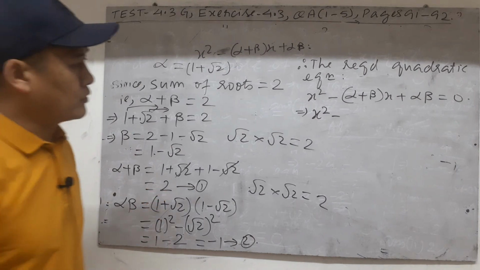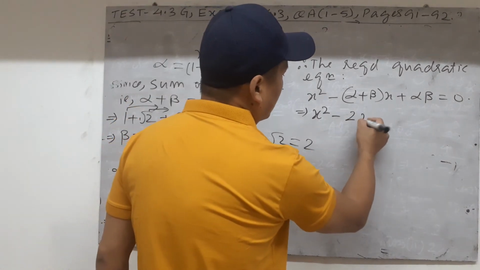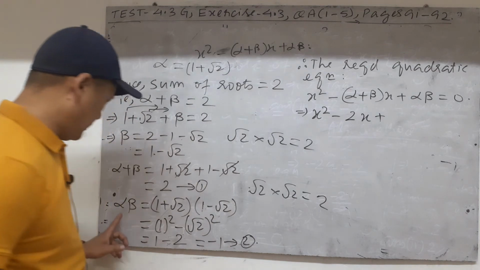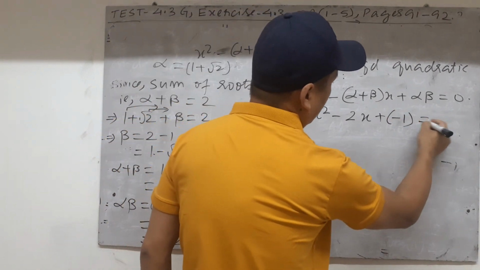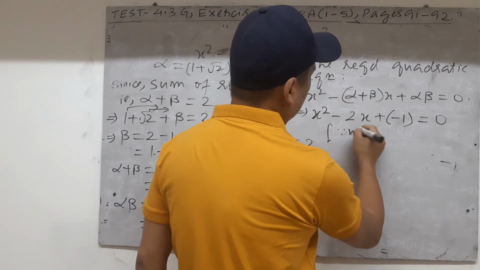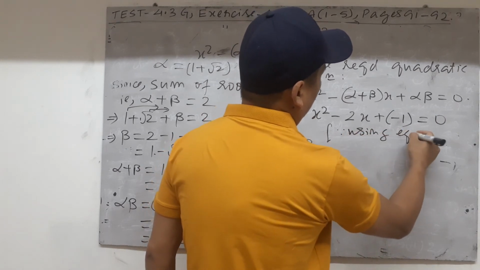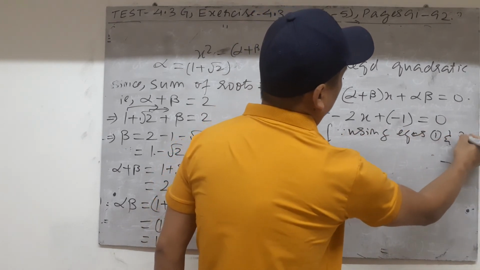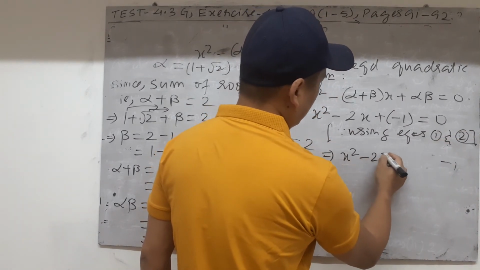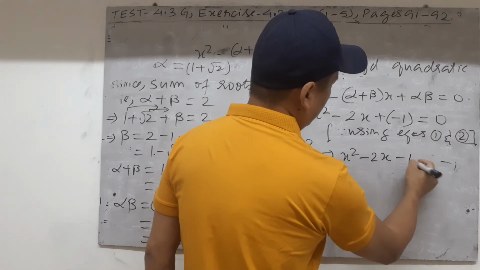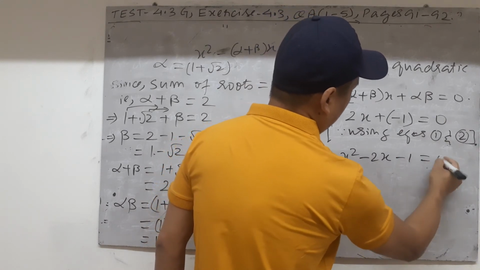Alpha plus beta is 2, so you write here 2x plus alpha beta, which is here minus 1, so you write here bracket and minus 1, using equations 1 and 2. And finally you can adjust your equation: x squared minus 2x plus (minus 1) is equal to 0.